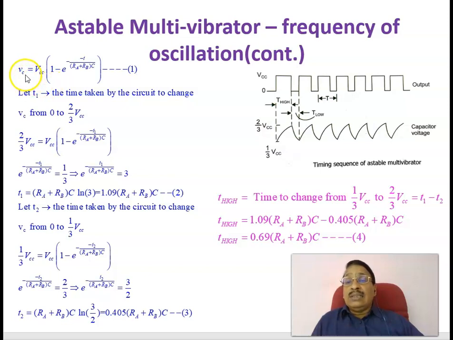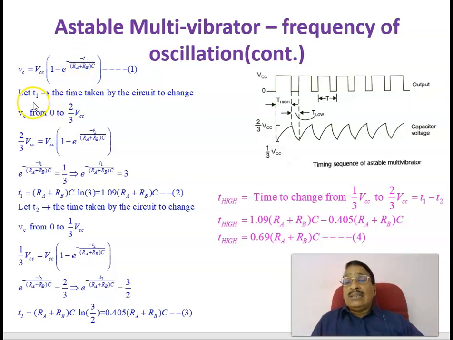During charging, Vc equals VCC times (1 minus e raised to minus t divided by (RA plus RB) times C), because the charging is through RA and RB, and (RA plus RB) times C is the time constant. This is the equation for the capacitor voltage at any time during the charging process: VCC times (1 minus e raised to minus t divided by (RA plus RB) times C).